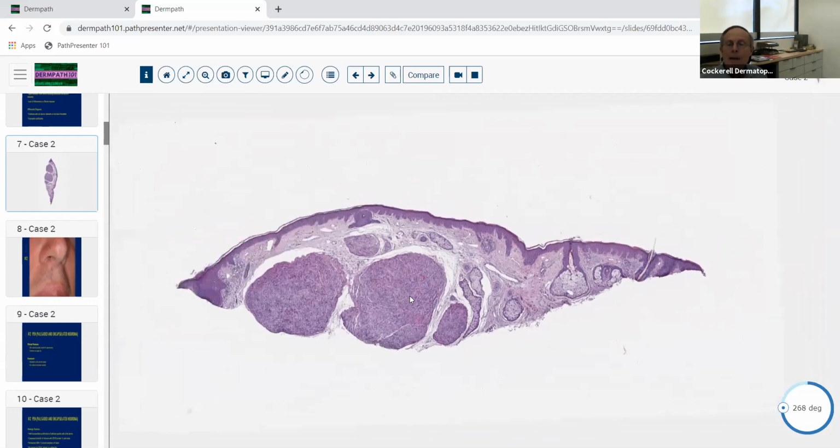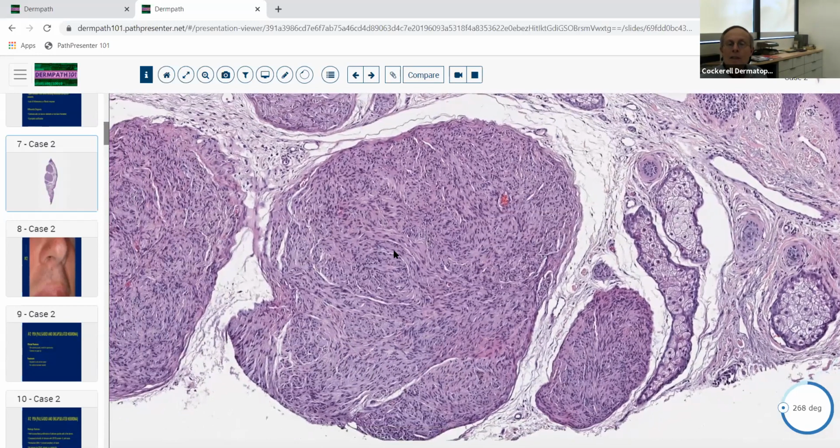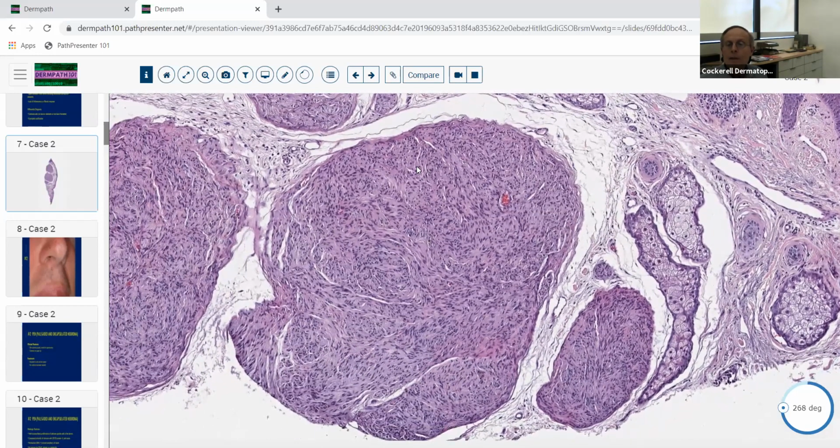As we go to higher magnification, you can see that a lot of these cells have a spindle cell morphology. When we think of spindle, we obviously think of non-epithelial. The most common non-epithelial neoplasms we have in the skin are things like neural, fibroblasts, muscle, and then sometimes vessels.